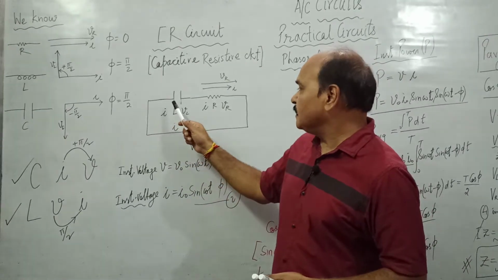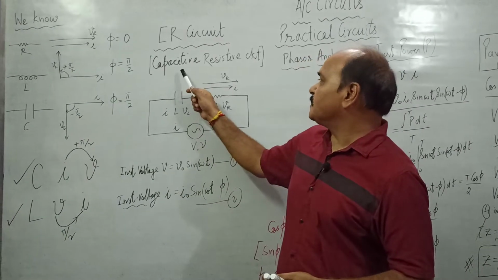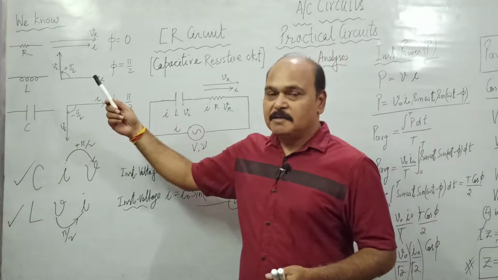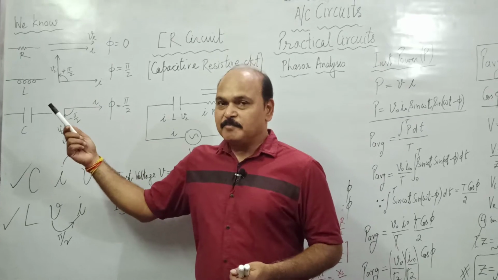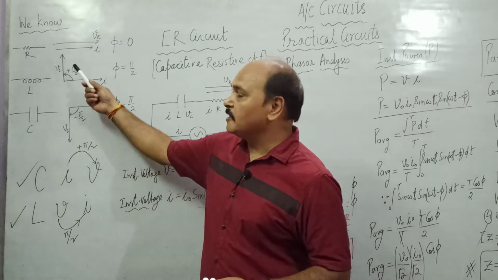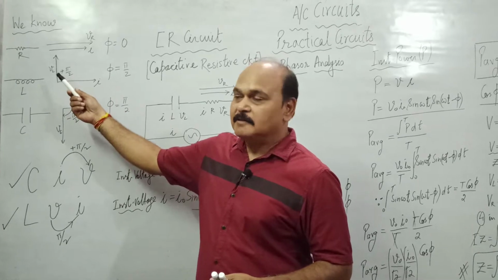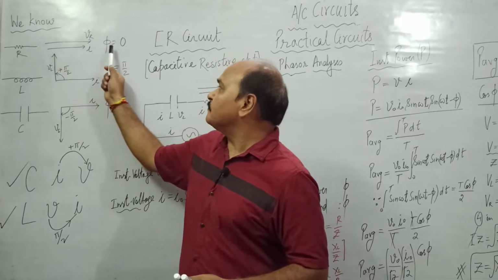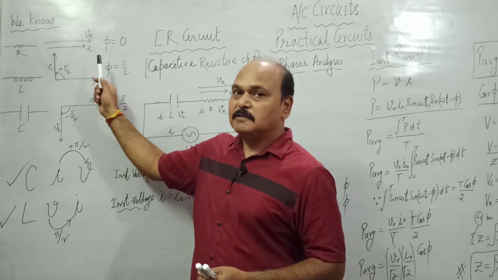Before we proceed ahead with the capacitive resistive circuit, let us recapitulate the phasor relationship between current and voltage across a capacitor and a resistance. Children, we have already studied that across a resistance, current and voltage phasors are parallel to each other. Why?